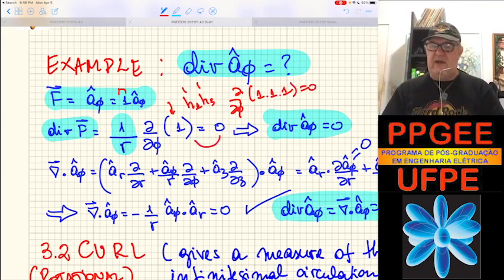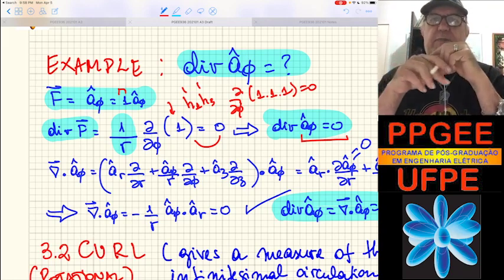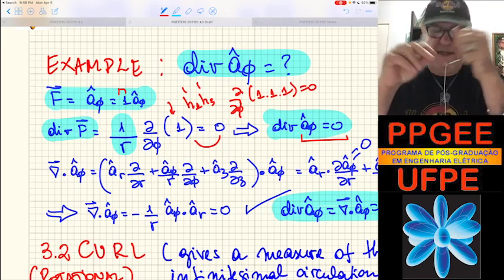So the divergence of a phi is equal to 0, using the formal expression that we just derived.